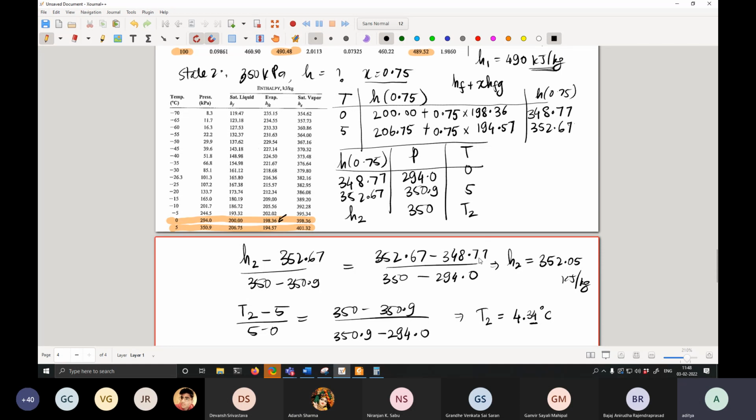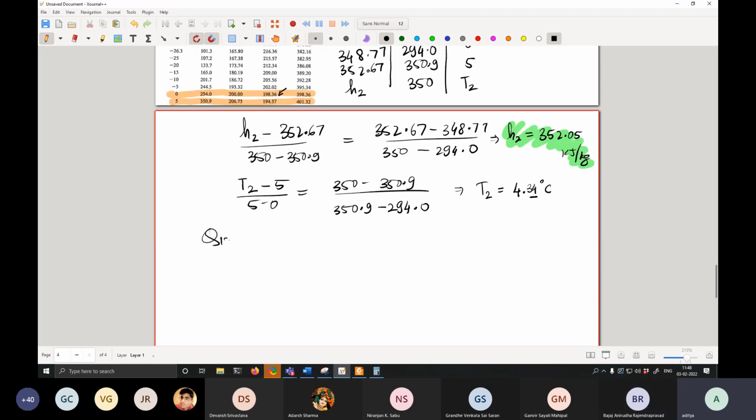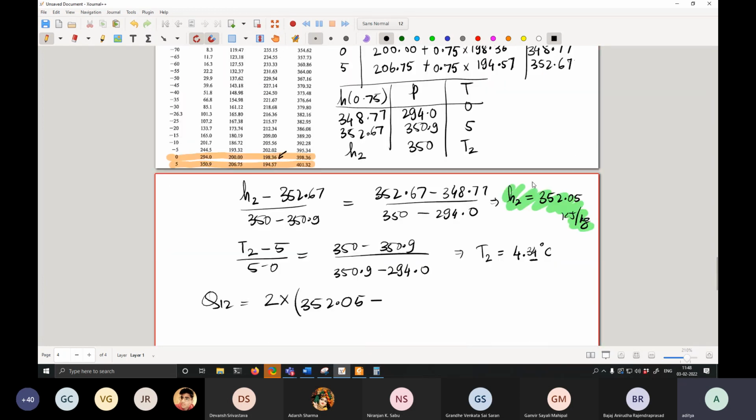Okay, so now we have h1 and h2. h1 was over here. This was h1. This was h2. What was the total mass of R134a? 2 kilogram. Yes. So Q12 will be 2 kilogram times h2, which is 352.05 minus 490.